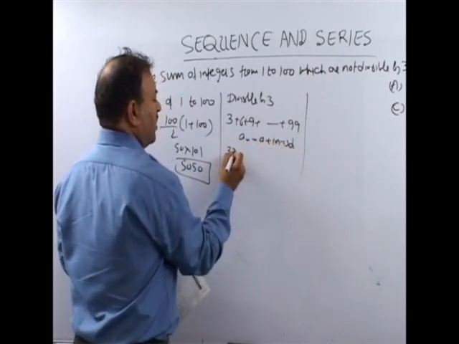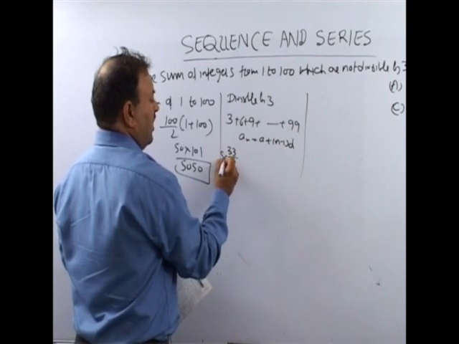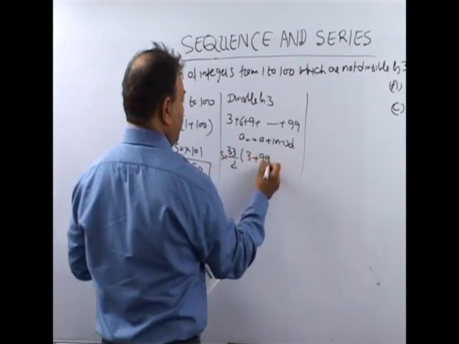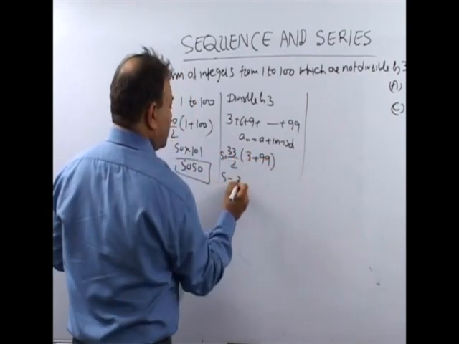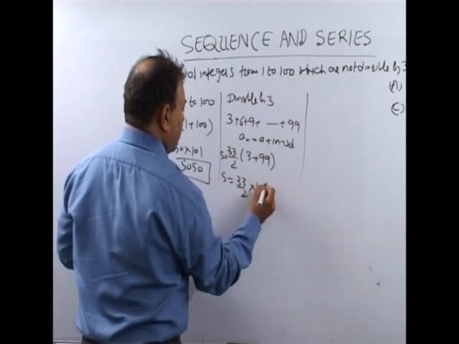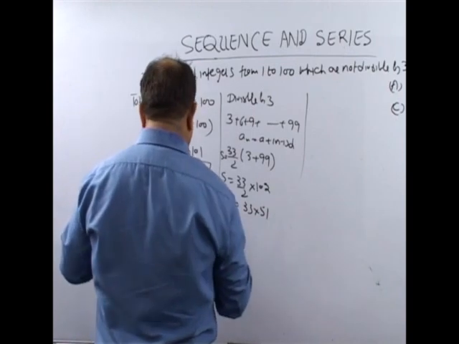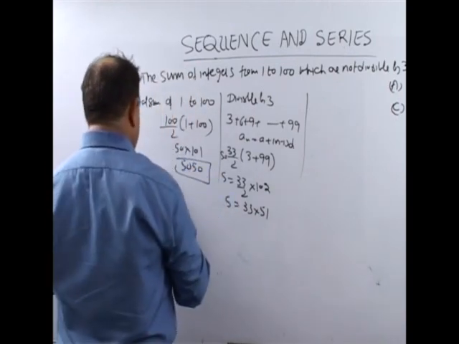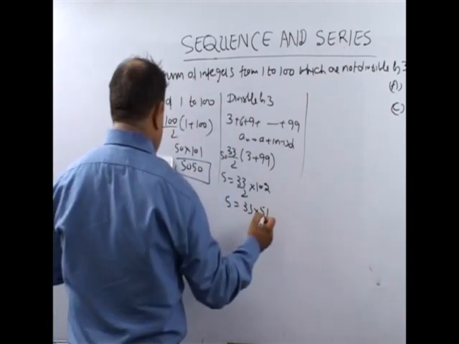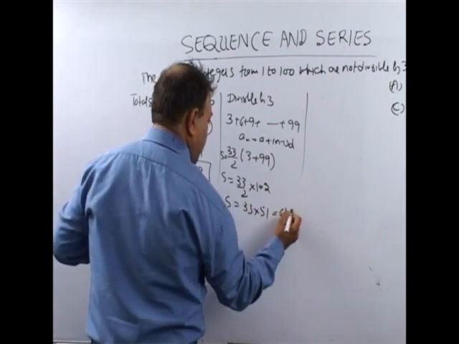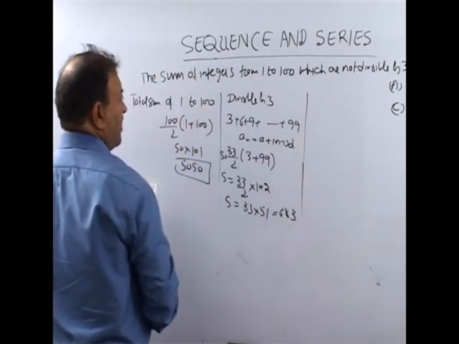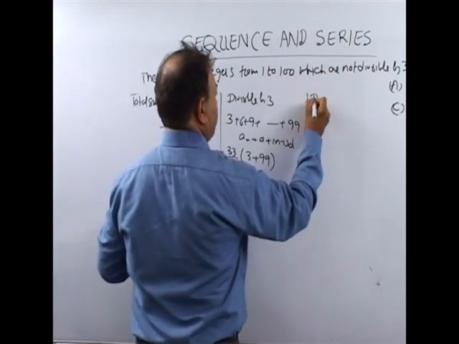So it is 33 by 2, sum is what, it is 3 plus 99. S is equal to 33 upon 2 into 102. It comes out to be 33 into 51. And we can find out the sum also. It comes out to be 683.